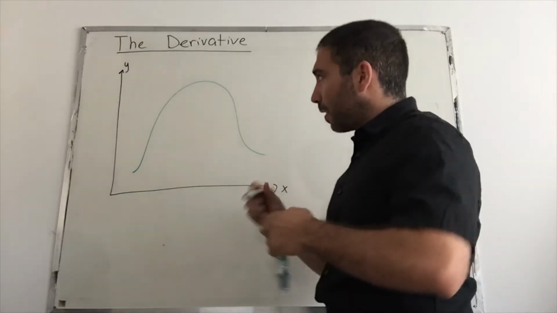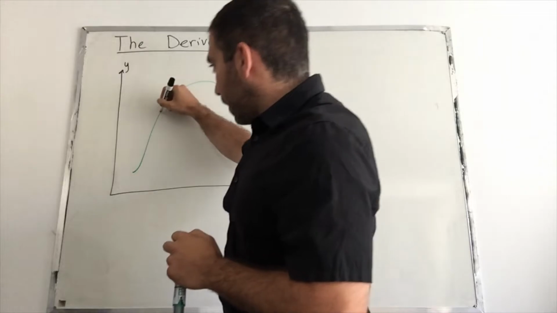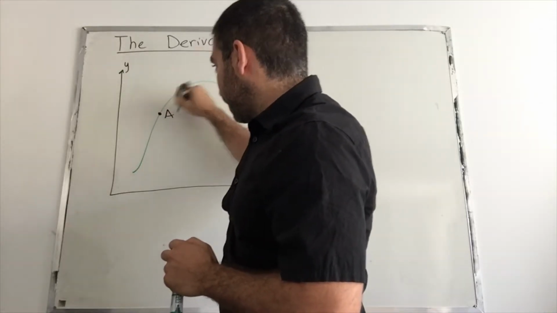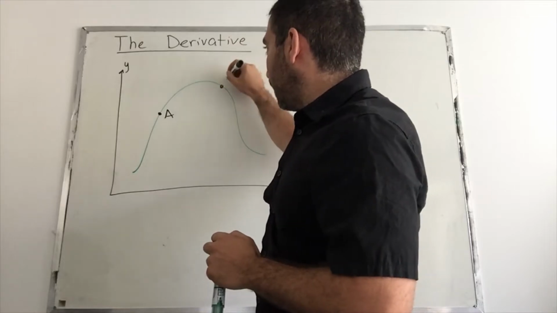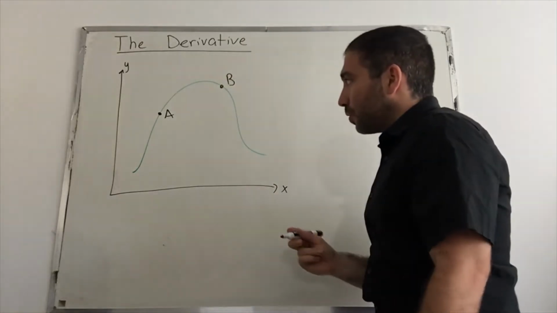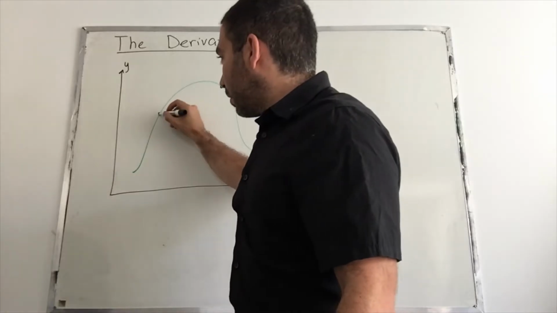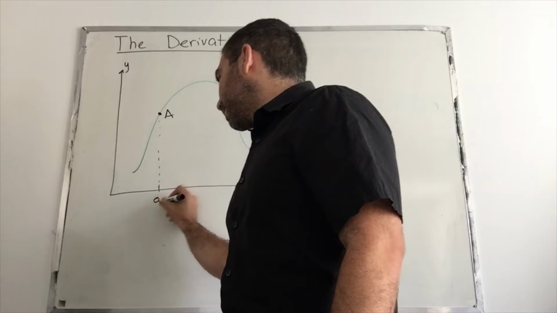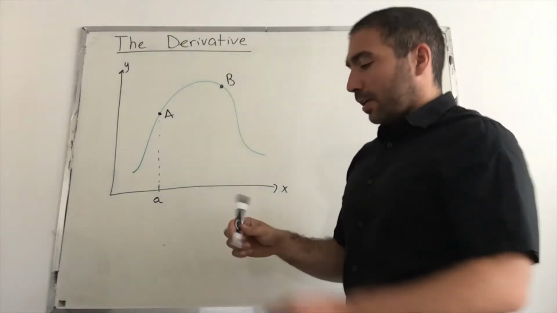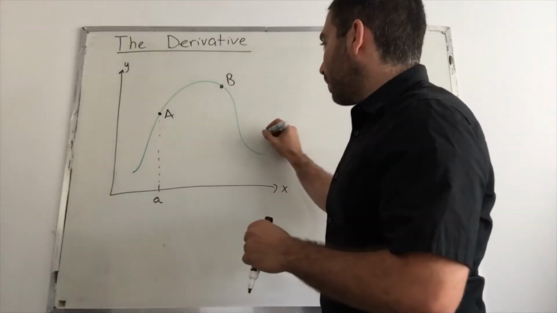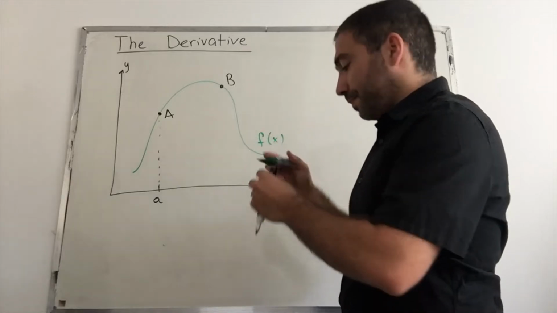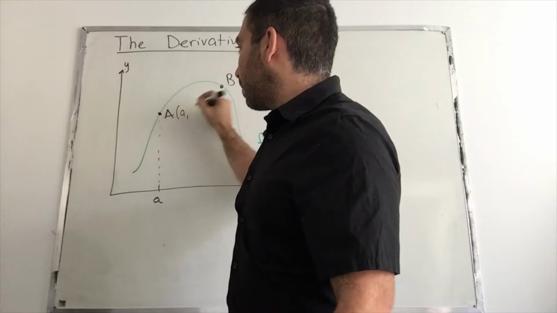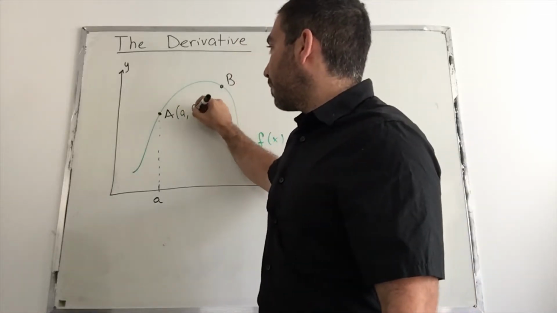Let's take a point here, let's call it A. And we'll take this point here, we'll call it B. So at point A, capital A, let's say the x value is little a. And if the green function, let's call it f, then the point A, we could think of it as a coordinate point, little a, comma, f of a.